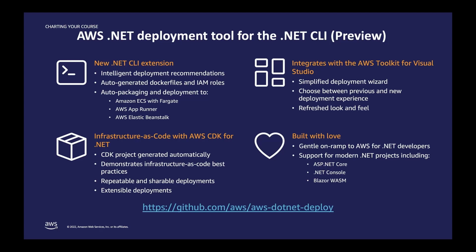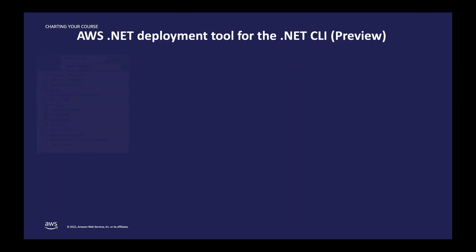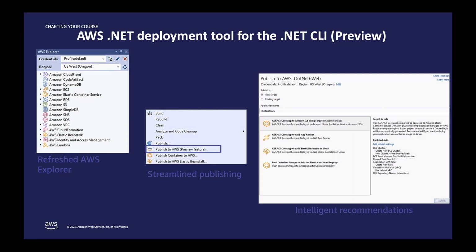As we saw earlier in the flowchart, the one caveat with the CLI extension is that it does not support .NET Framework applications. In that case, Copilot is a better fit. The latest version of the AWS Toolkit for Visual Studio includes the new Publish to AWS feature, which leverages the new .NET CLI deployment extension.